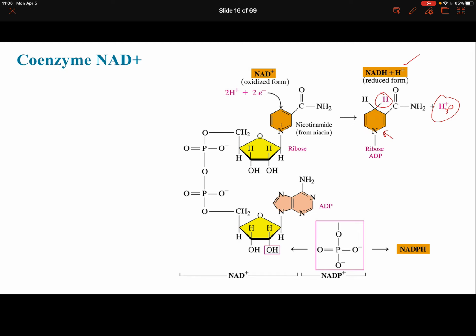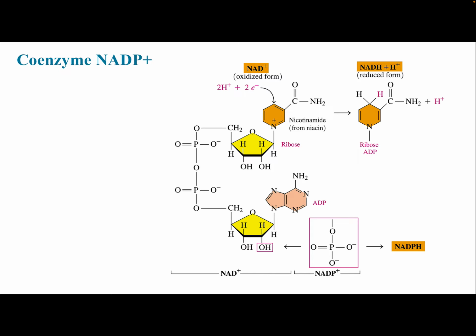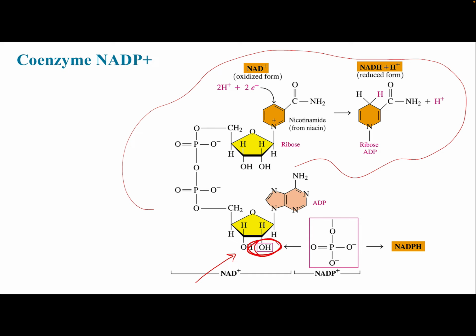Now there's also coenzyme NADP plus, and it becomes NADPH. All of that stuff still happens. The only difference is that on the NAD side of it, on this 2' OH, there's a phosphate group. So that's the difference between coenzyme NAD and NADP. Okay, NADP just has a phosphate on it.